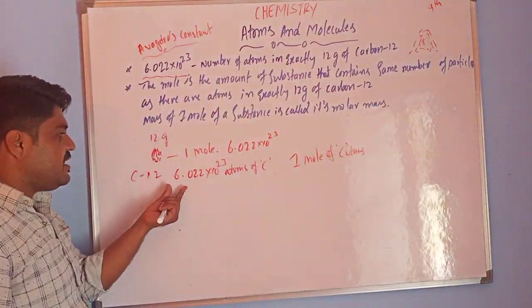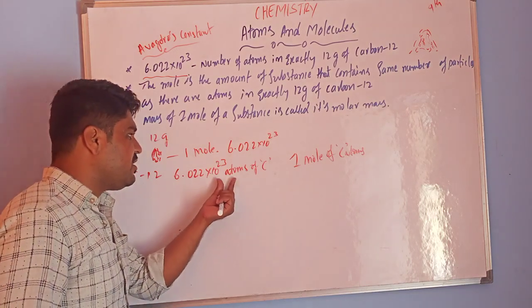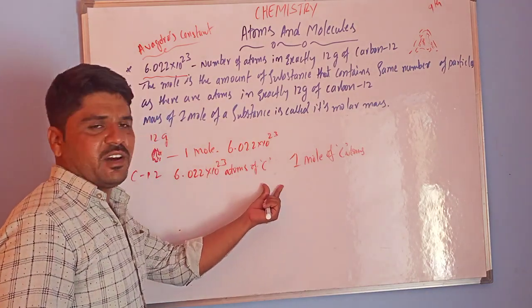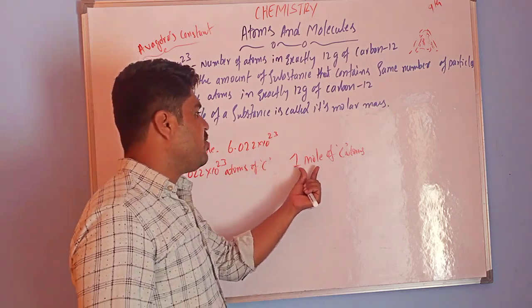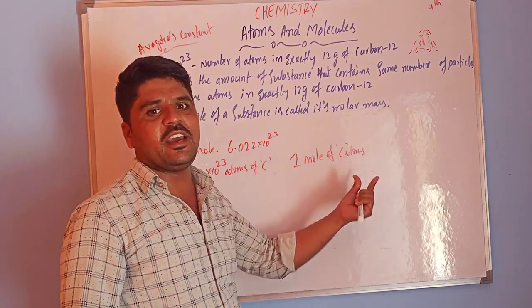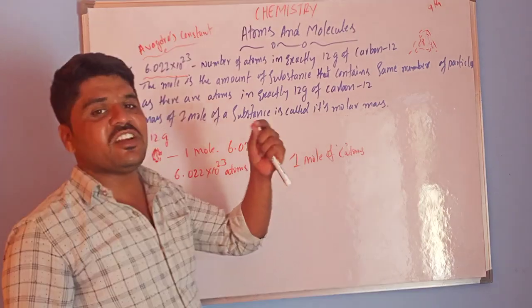If you write it, 6.022 into 10 to the power of 23 atoms of carbon is equal to 1 mole of carbon atoms. In the same way, you have to mention it in grams.